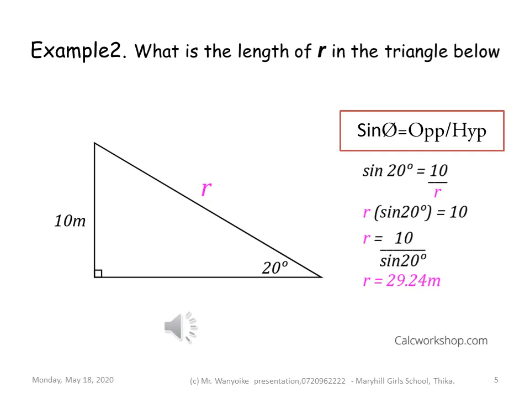And we can now divide both sides by sine 20, so that we are left with the unknown R. And therefore, R is equal to 10 divided by sine 20, which will give us R as 29.24 meters.